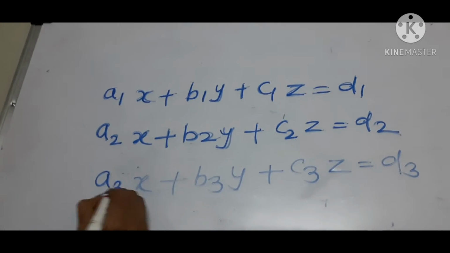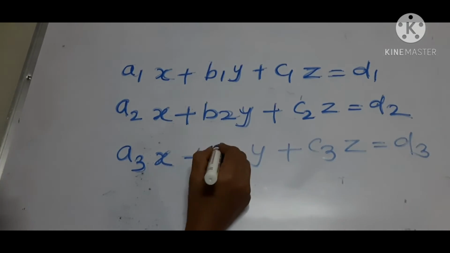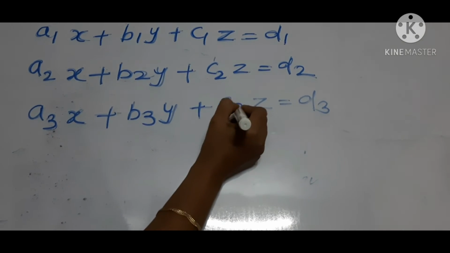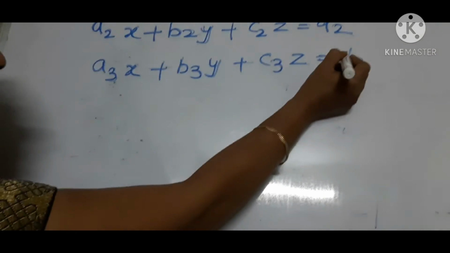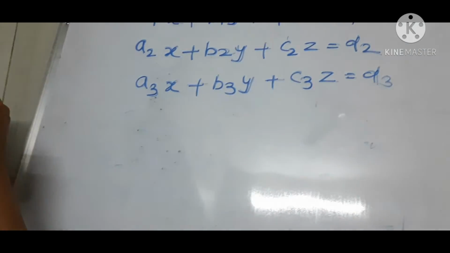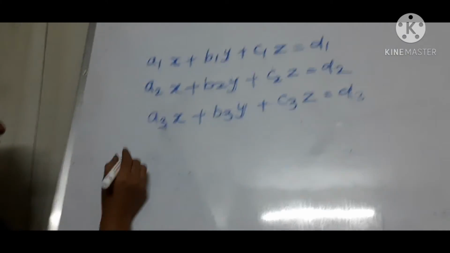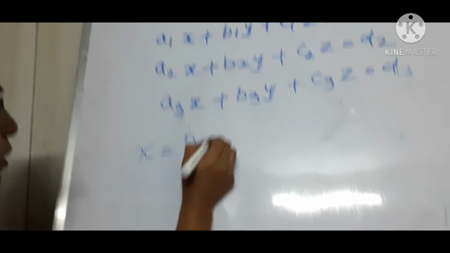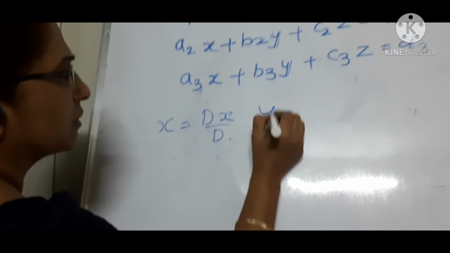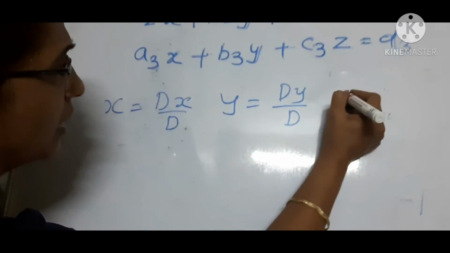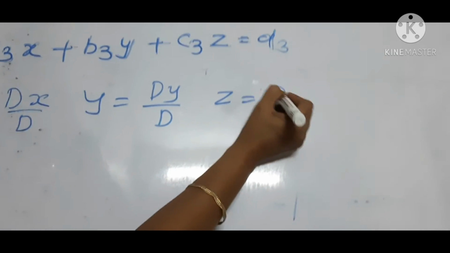To solve this linear system having variables x, y, z, the solution will be like this: x is equal to Dx upon D, y is equal to Dy upon D, z is equal to Dz upon D.